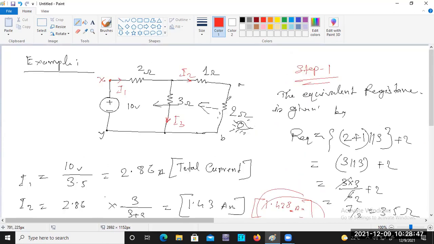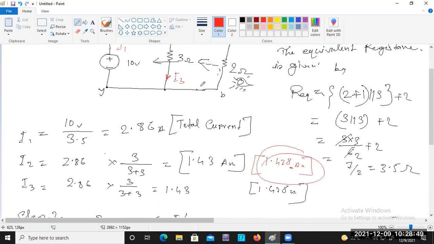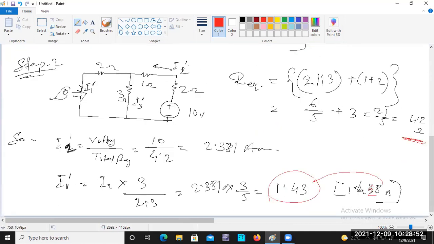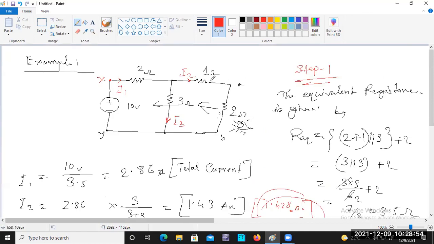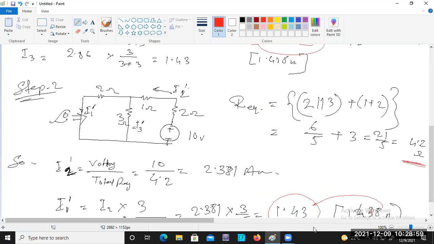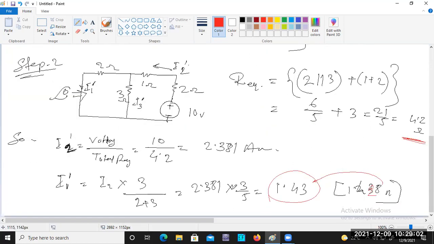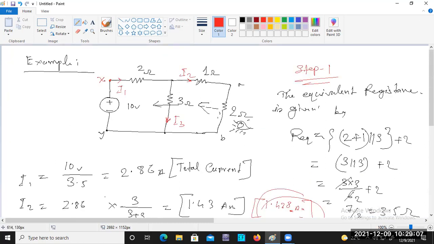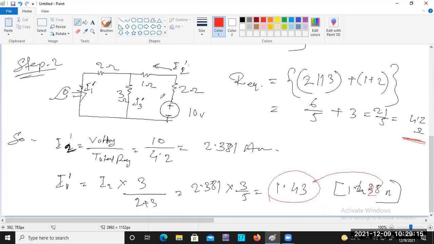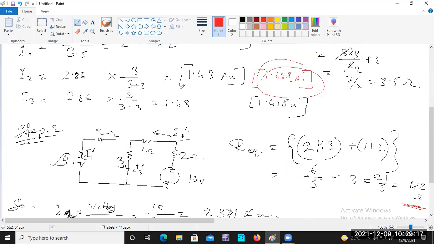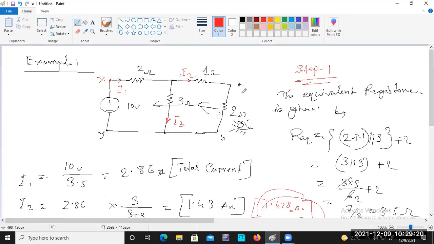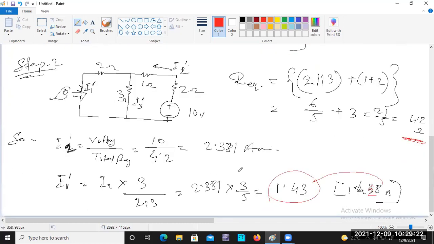Here this is I2, and here I1 dashed is the same, because the current position was changed. Don't confuse this theorem: if you think that this current and this current will be the same, no, those will not be the same, because the position matters.